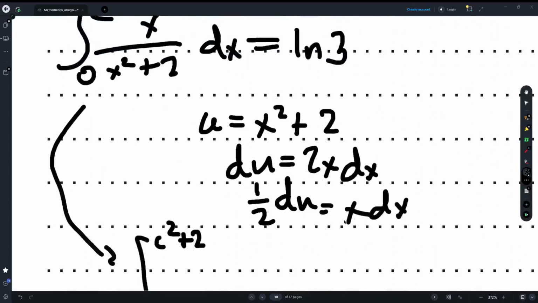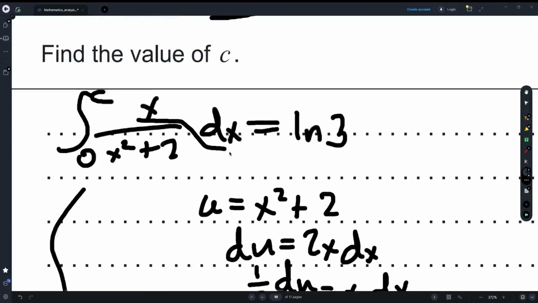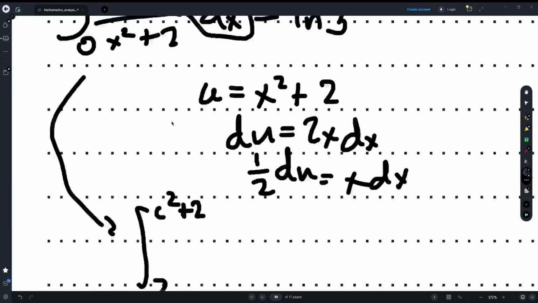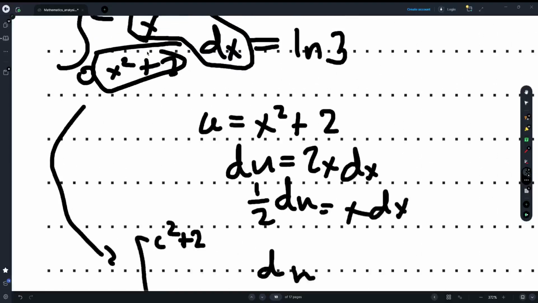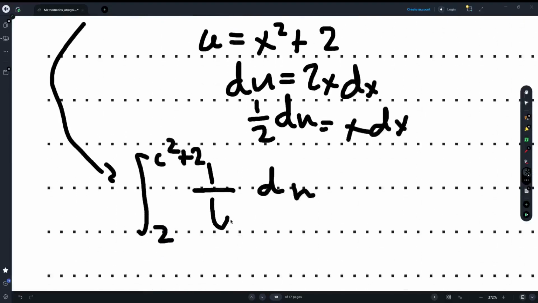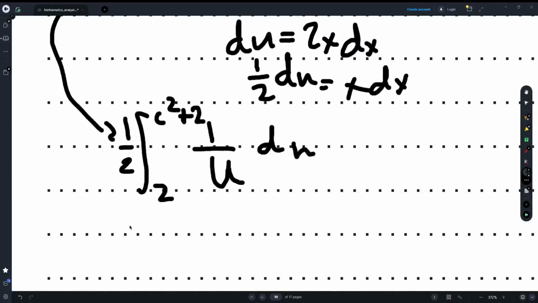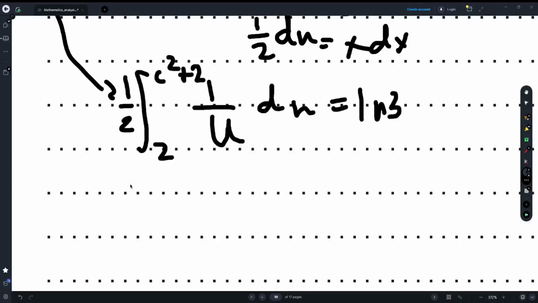Now, the reason I wrote it as half du equals x dx is because we know there's an x dx, so this just becomes our du, and we have the 1 over u here, and then we can rewrite the half outside as a constant. So this becomes half, and integrating 1 over u, we get the natural log of u.